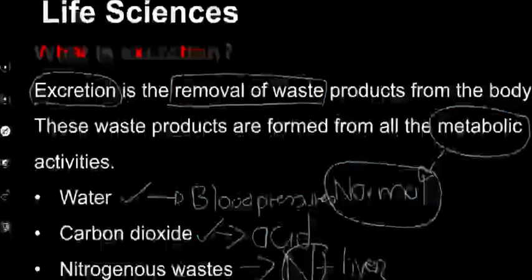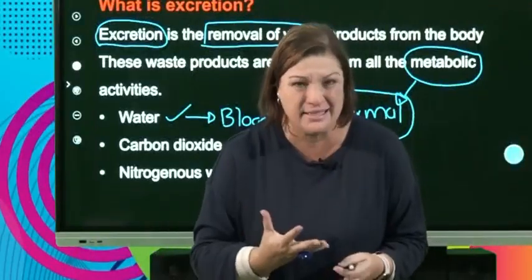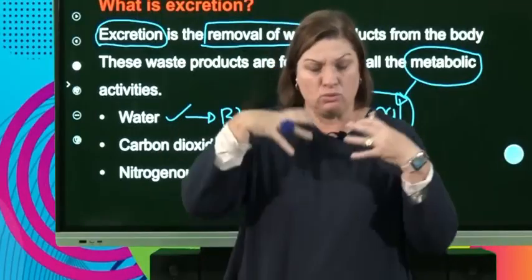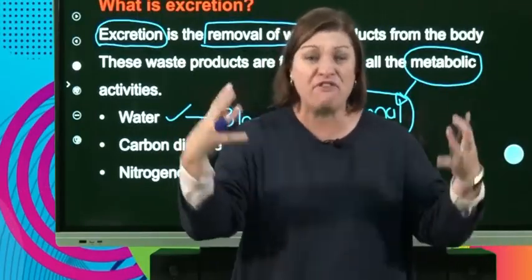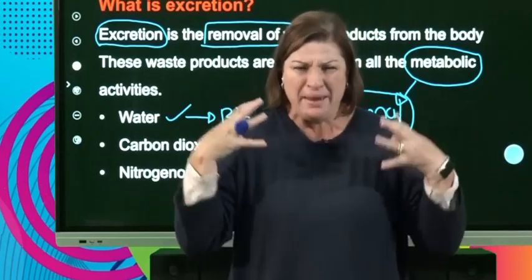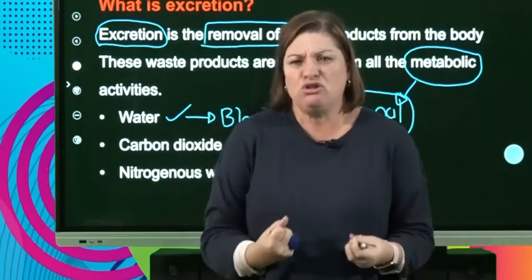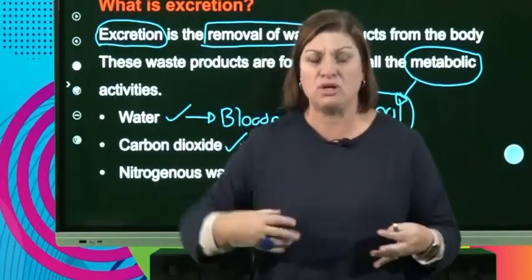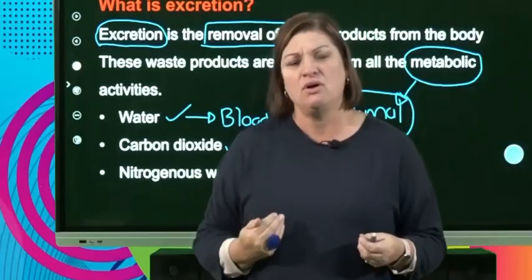Ammonia in our body is poisonous for us. So with all of these things: water is not poisonous but can affect our blood pressure, carbon dioxide changes the pH in my body, and this nitrogenous waste is detrimental to how my cells work, and I need to get rid of all of that.